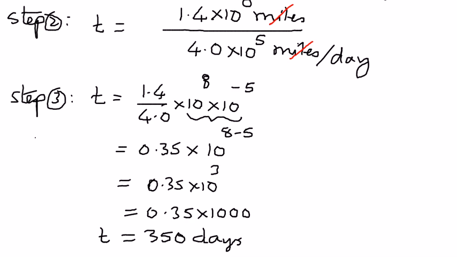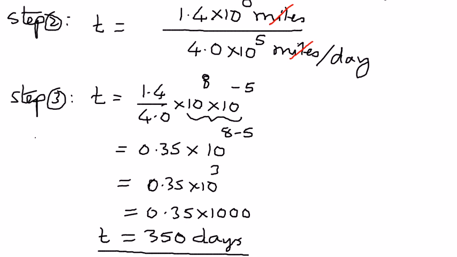So it takes 350 days for the space shuttle, which is traveling at a speed of 400,000 miles per day, to reach Mars, which is 140 million miles away from Earth.